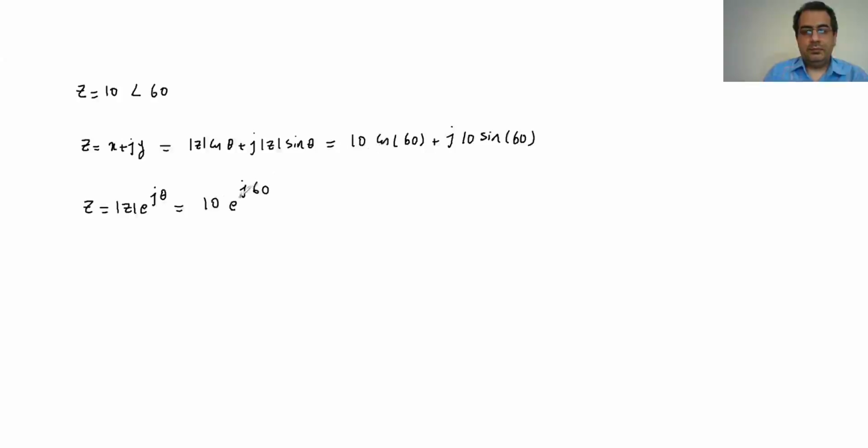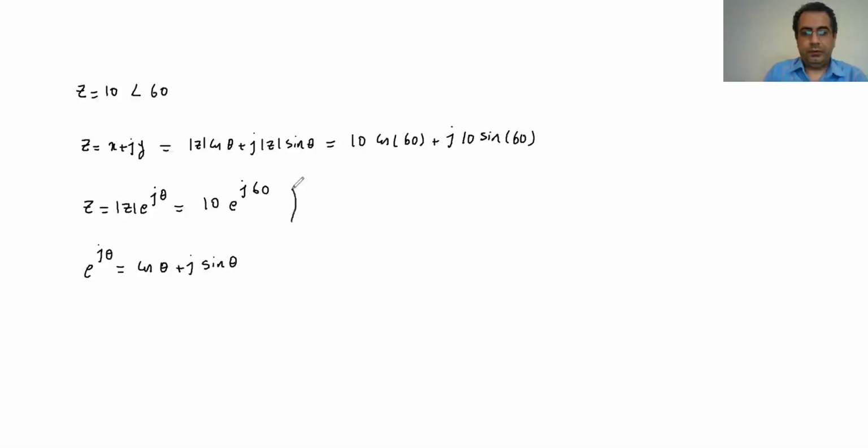And if this one and this one here are the same, as I said, e to the power of j theta is just cosine theta plus j sine theta, and the same here. So if I substitute this one in this one, I will get this one.